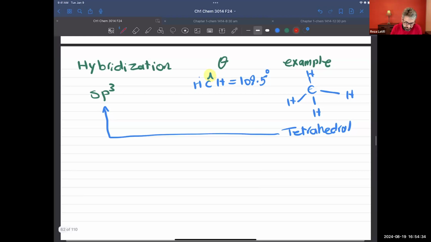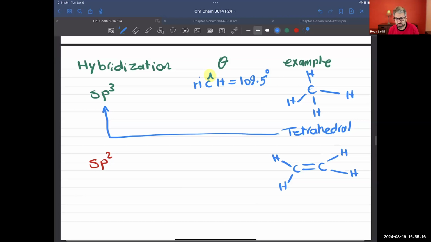What if it is sp2? This is one example, but let me stick with carbon. Say you have hydrogen, carbon attached to those, and I can make this one carbon with a double bond here.